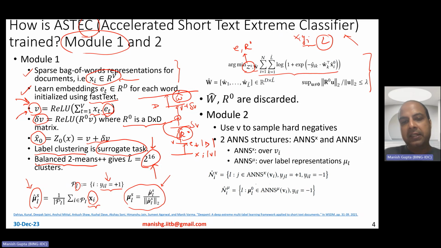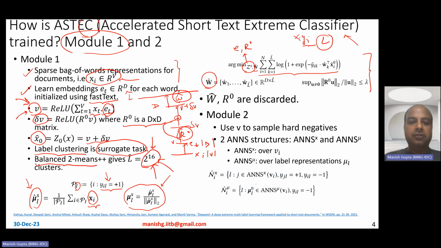Now what is W hat? You see, W hat is D into L hat. It's not the entire label space of millions. It's just 2 raised to 16. That's it. And 2 raised to 16, by the way, is not very large. It's not millions.